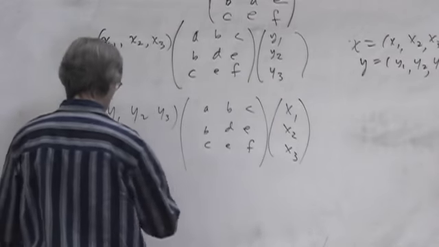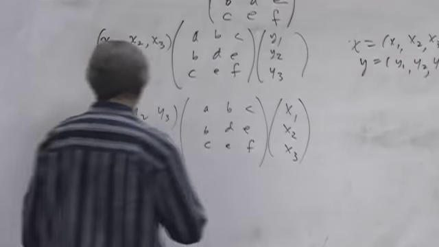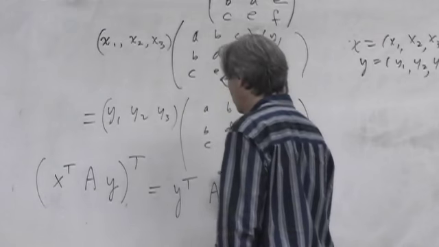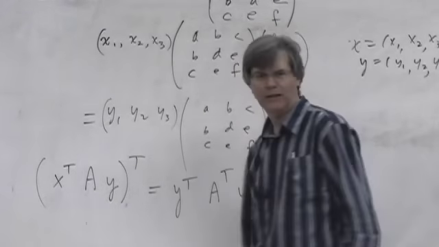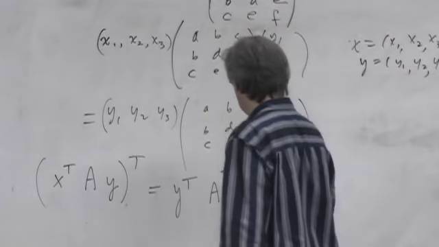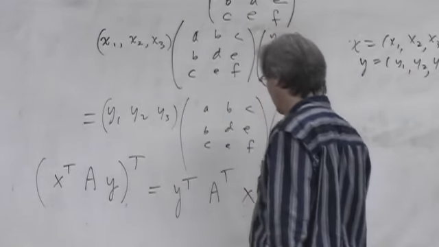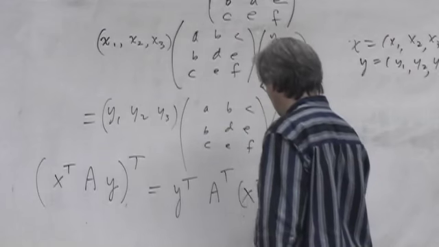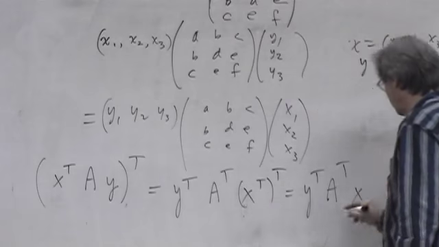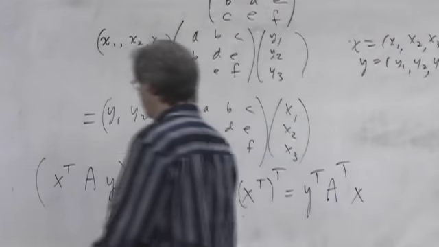How you would prove it is that this, transposed, is Y transpose A transpose X. We're taking the transpose in the reverse order because X transpose transpose equals Y transpose A transpose X. Okay, this is the proof.